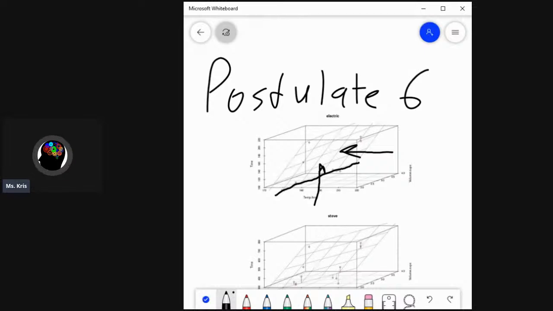So postulate 6, if 2 distinct planes intersect, then their intersection is a line. So if I extended those 2 boxes out, those are 2 planes that when intersected, they make a distinctive line. Pretty neat, huh?